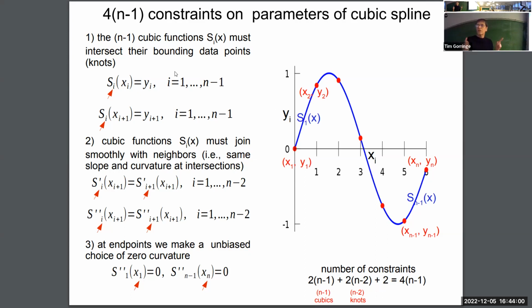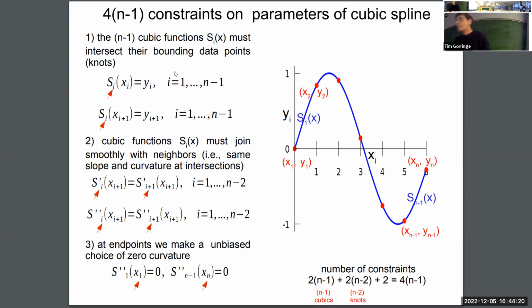The first constraint says that the curve has to go through the point on the far left, point number 1, and through the point on the right, point number 2. So the spline in that region has to intersect with those 2 points.